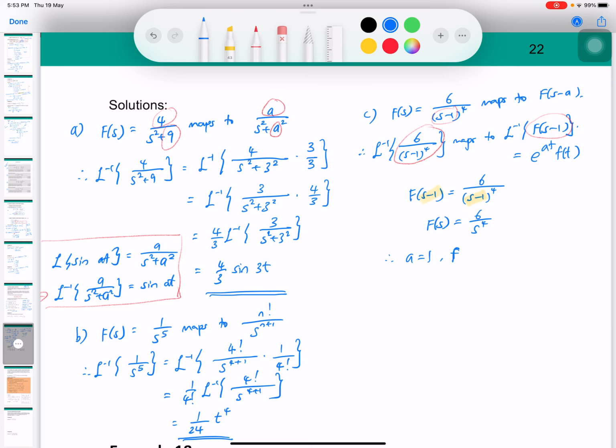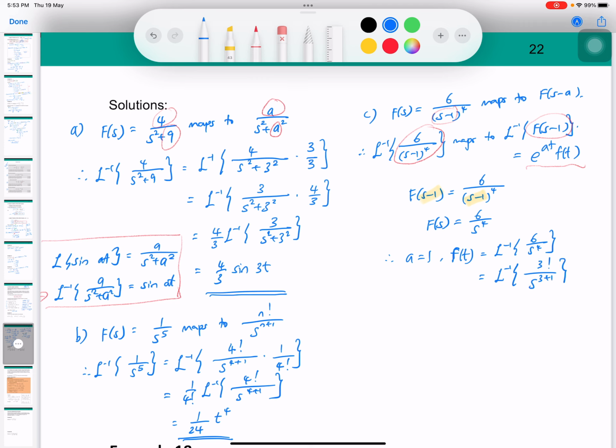We can find our f of t because we need to put it inside here later on. f of t equals to inverse Laplace of f of s. Okay, what is this now? This is inverse Laplace of 6 over s to the 4.